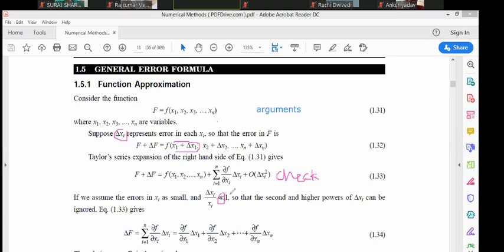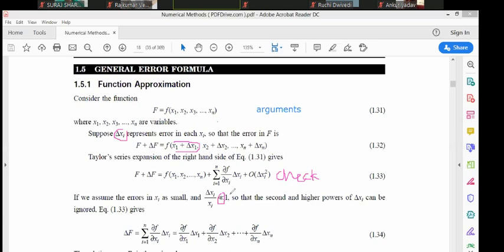Suppose we are given a 5 centimeter object and we want to measure it, so we can measure 4.98 or we can measure 5.2. So this is an error of 0.2. One error is minus and another is plus. If we measure 4.98, then this is the minus, and if we measure 5.2, then this is the plus.